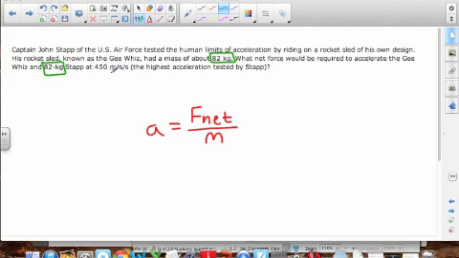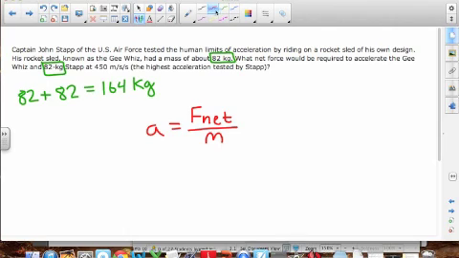That's what I'm getting from this problem. Okay, so that means that the total mass of Captain Stapp and his sled is 82 plus 82 kilograms, which is 164. So that is the total mass that we are dealing with here.